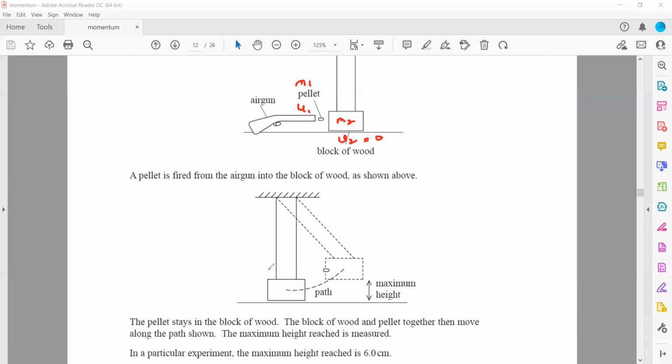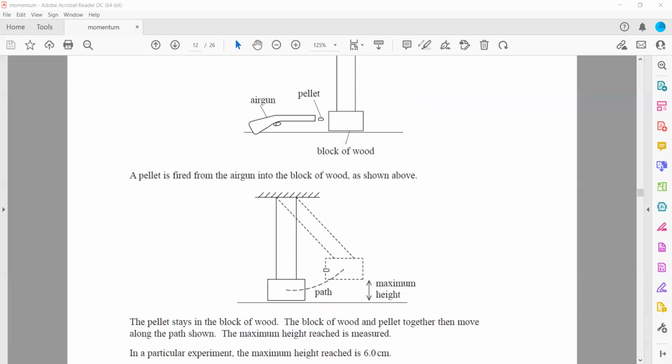Then the final momentum, because they stick together, will be m1 v1 plus m2 v2. But as they stick together, v1 and v2 are the same, v. So the final momentum will be (m1 plus m2) times v.